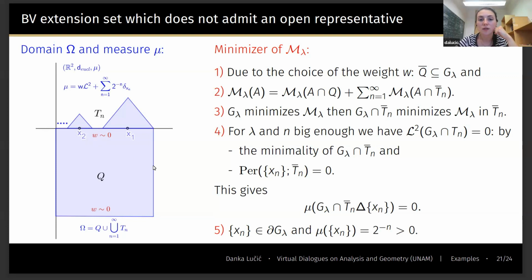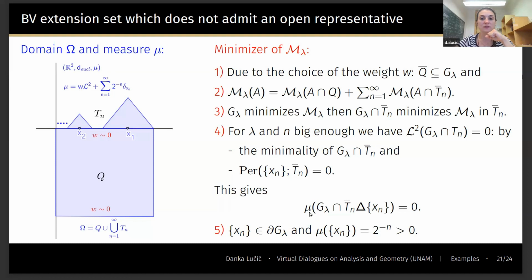But what we can show is that for lambda big enough, and for n big enough, we can find a triangle where the intersection between our minimizer and the inside of the triangle has nothing in measure. So the L2 measure of this intersection is 0. And this you can show by exploiting the minimality, and the fact that the perimeter of a point inside the triangle is 0. And this is something which is due to the choice of the measure itself.